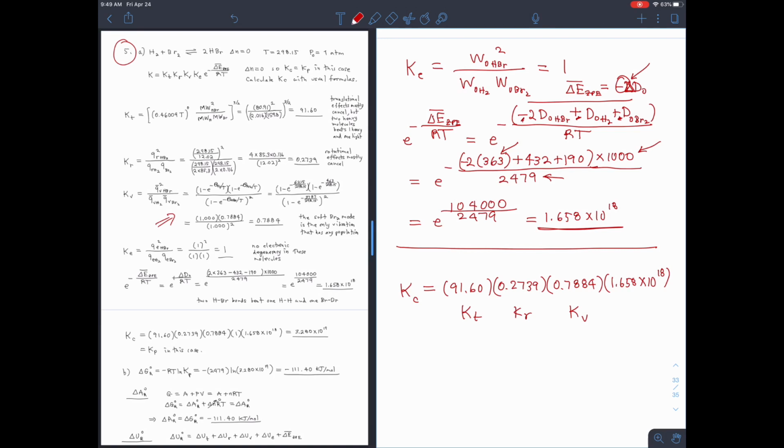Sorry, there's a 1 in there. Doesn't do anything, but let's put it in. That's the Ke factor. And then finally, this is the ZPE contribution, or the bond energy contribution. And multiplying all those together gives you 3.280 times 10 to the 19th.